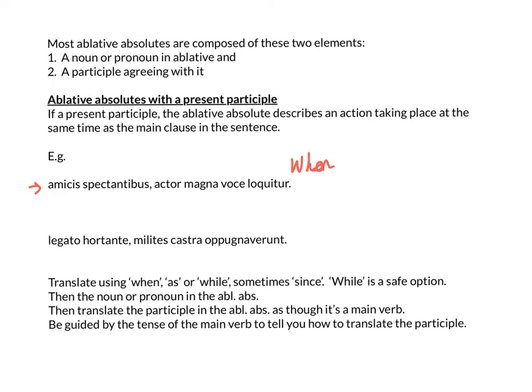Now we should then translate the noun or the pronoun, and after that the participle in the ablative absolute. So the noun this time is amicis, when the friends, that's plural, so put the friends. And then we have spectantibus, which literally means watching. Well, clearly I can't say when the friends watching. I need to say either when the friends are watching or when the friends were watching.